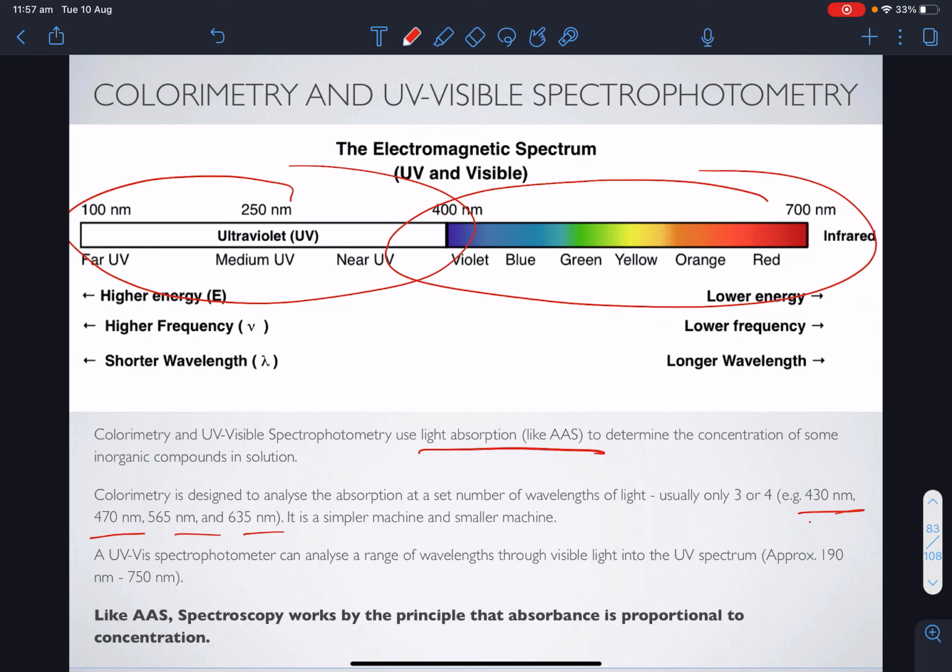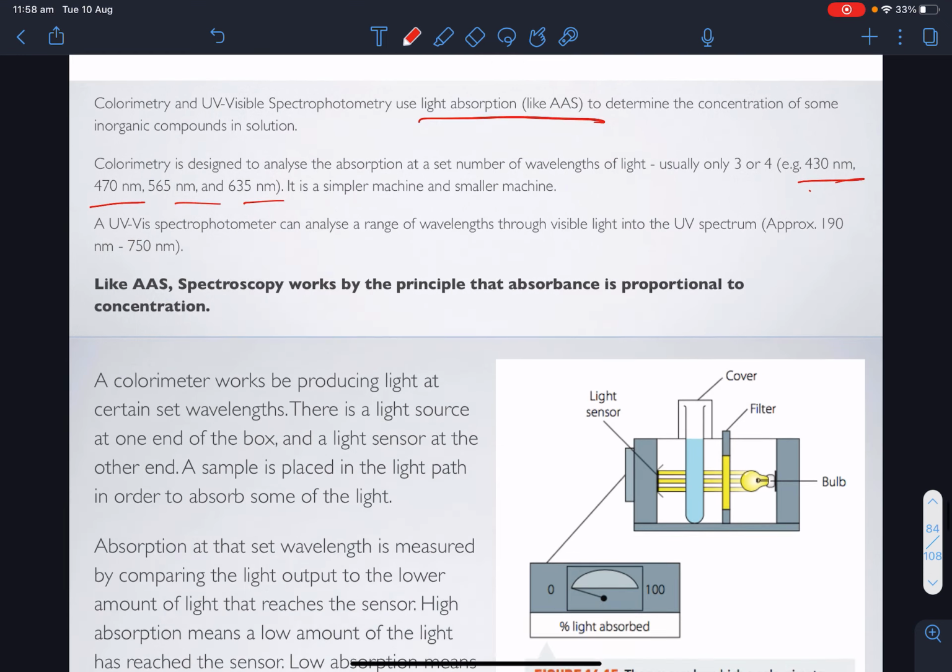UV vis can measure absorption at all wavelengths in its range, usually from 100 to 700 nanometers. All right, so that's the difference. That's why I kind of grouped them together. There's not much difference. They work on the same principles. Colorimetry is just defined wavelengths. UV vis spectrophotometer is looking at absorption for all the wavelengths.